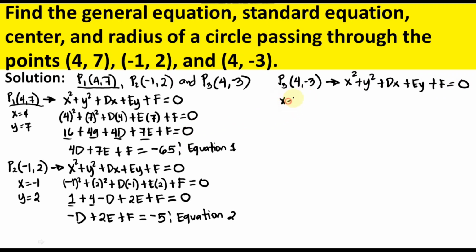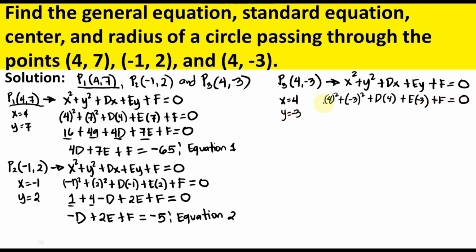So, ang x is 4 and ang y is negative 3. So, 4 raised to 2 plus the value of y is negative 3 raised to 2 plus d times 4, that is the value of x, plus e times the value of y, that is negative 3, plus f equals 0.